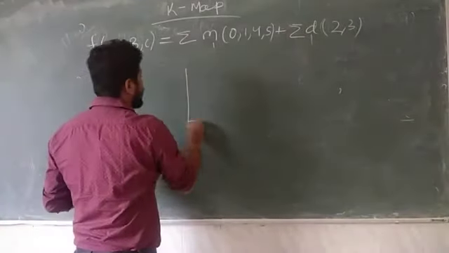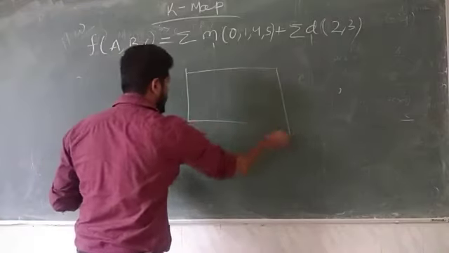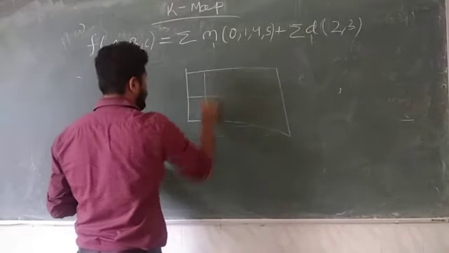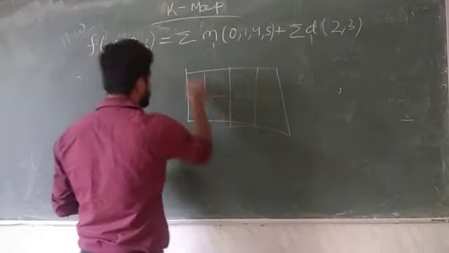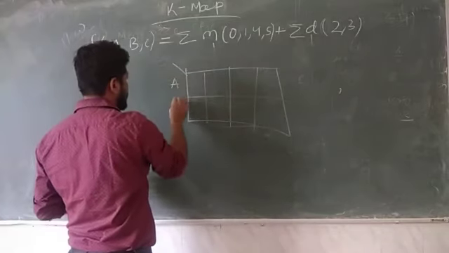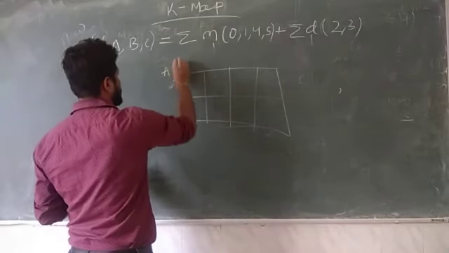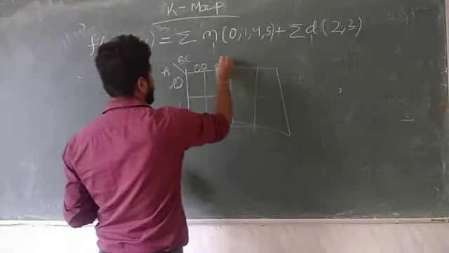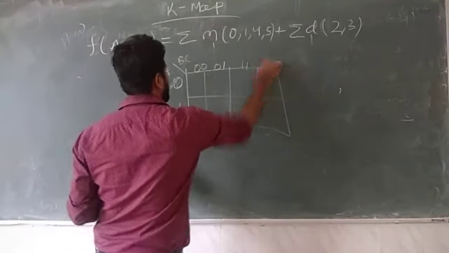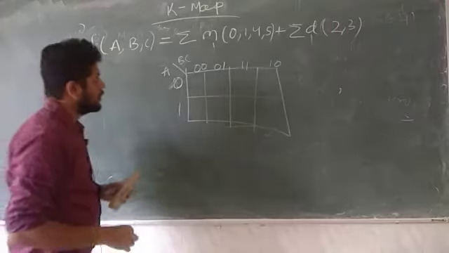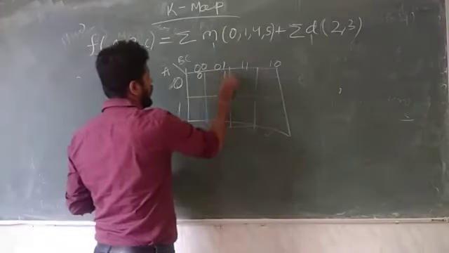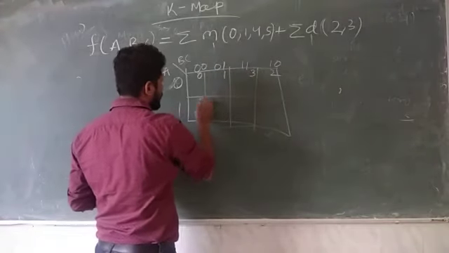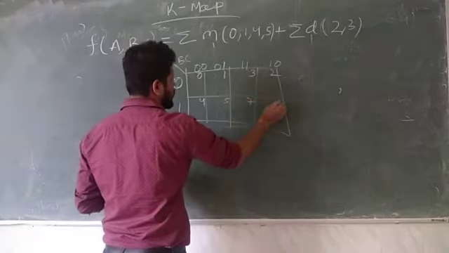So how to draw? Because this is a 3 variable K map, again we need to draw it as 8 cells. This is A, this is BC. So this is 0, 1, this is 00, 01, 11, 10. So this is your 0, 1, 3, 2, 4, 5, 7 and 6.